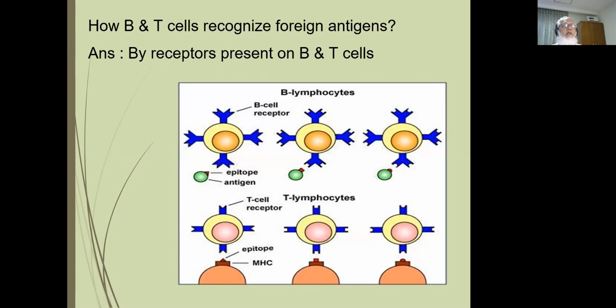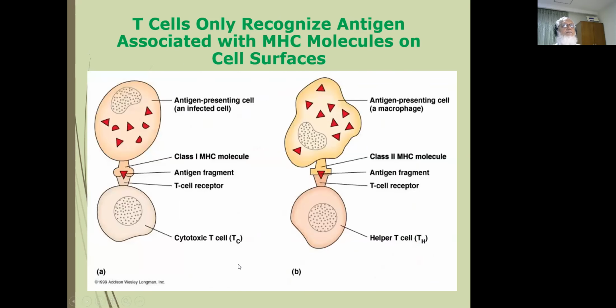How do B and T cells recognize foreign antigens? I repeat this in many lectures to give an imprint in your mind. B cells can recognize any antigen, protein, peptide, polysaccharide, without processing, without MHC. But T lymphocytes have some limitation. The T cell receptor can recognize only processed peptide with MHC molecule.